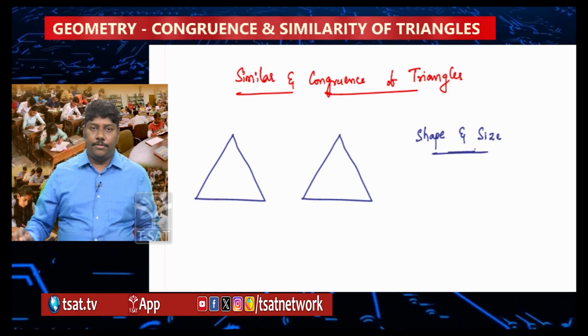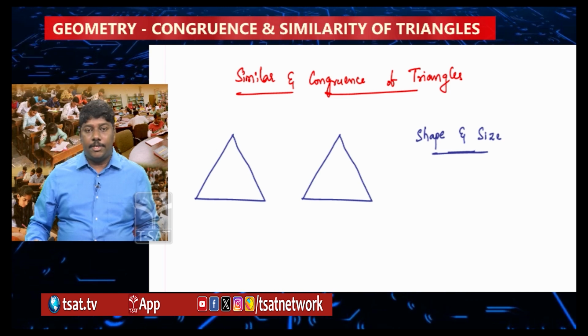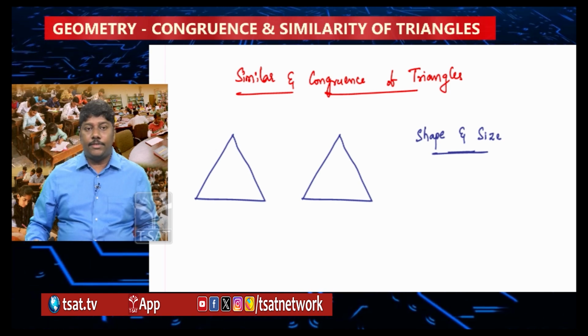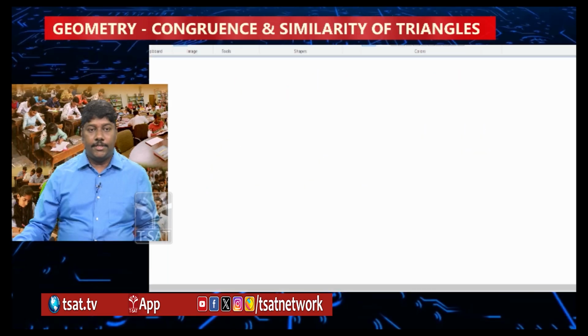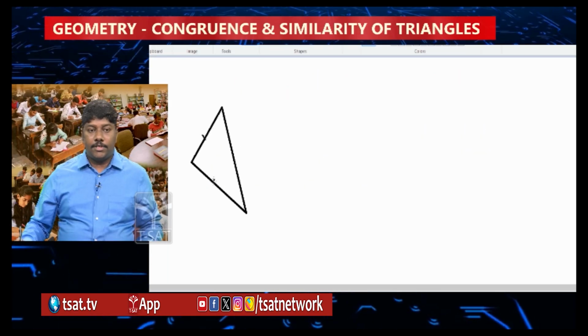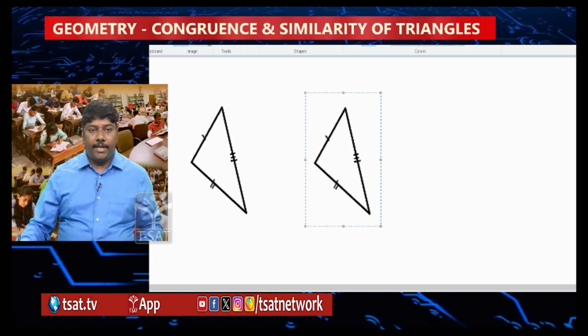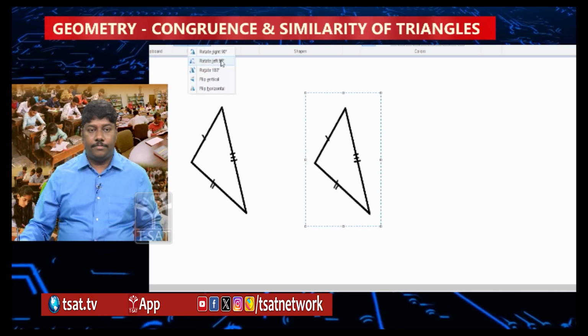It can be any figure. Not only triangles, if you take any two figures and they are equal in shape and size, then you say that they are congruent. Just take a triangle, side 1, side 2, side 3. I'm just tilting or rotating this triangle.